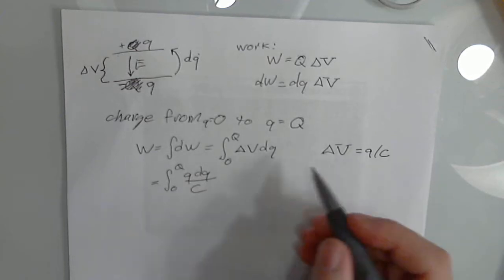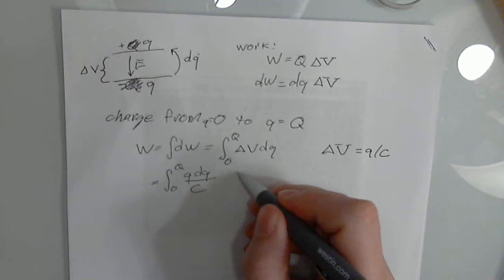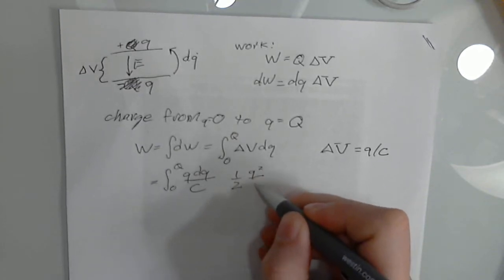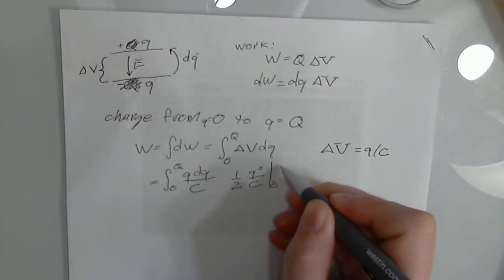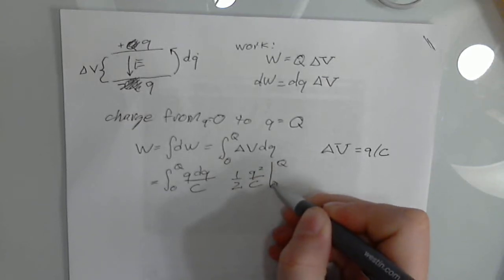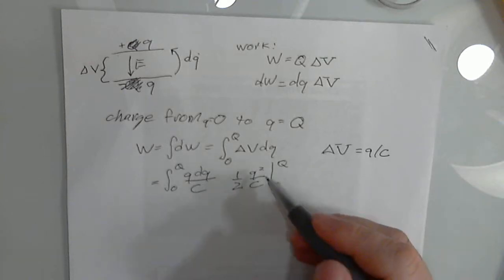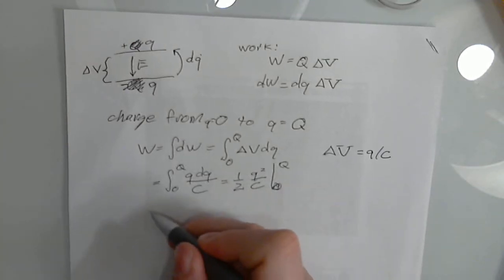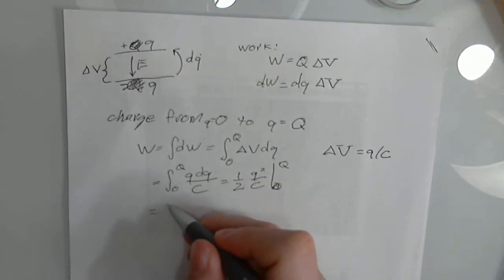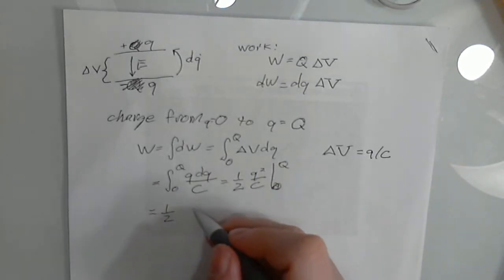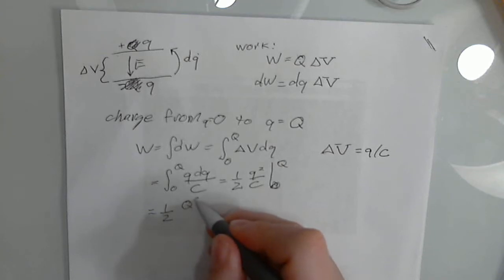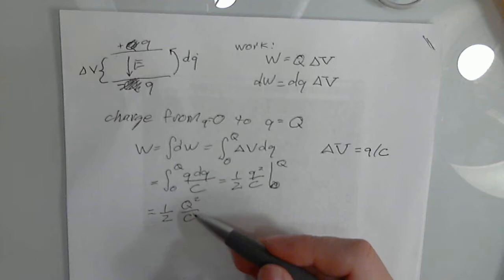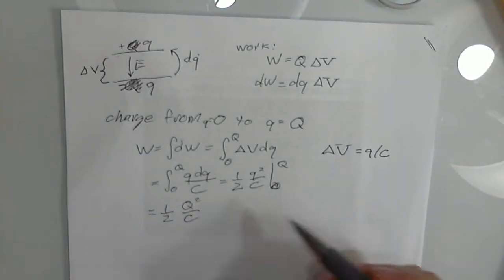The integral of q dq is 1/2 q squared, evaluated between 0 and Q. So this is going to be 0. And so I end up with the work done to charge the capacitor is 1/2 the amount of charge on it squared divided by C.